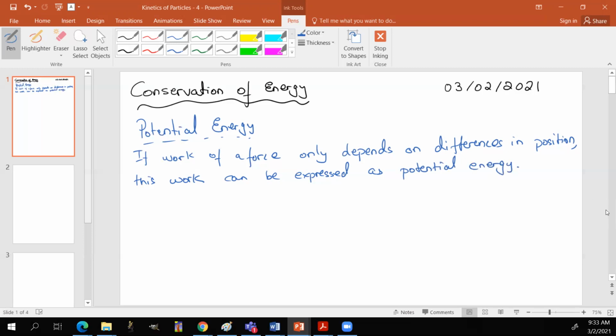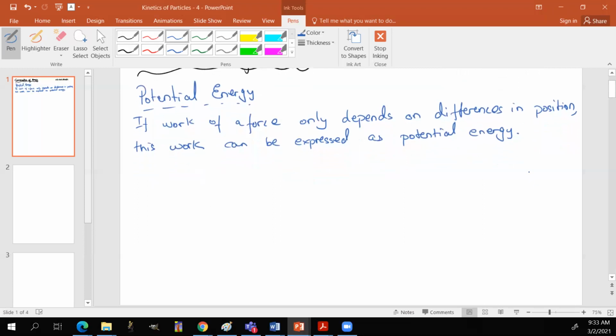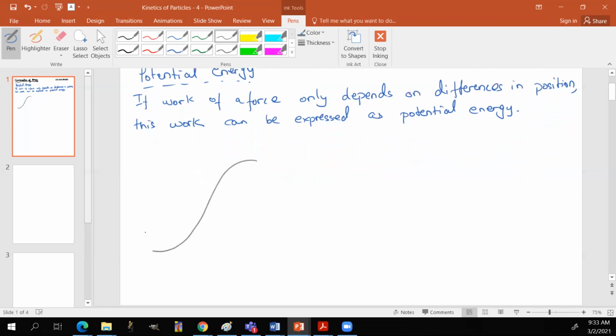All right. So what we're trying to say here is, let's take a look at an example, right? So if we have a box that's traveling up some path, and you have a reference location, which let's say for our purpose here is the ground, and you start off in some position, right?